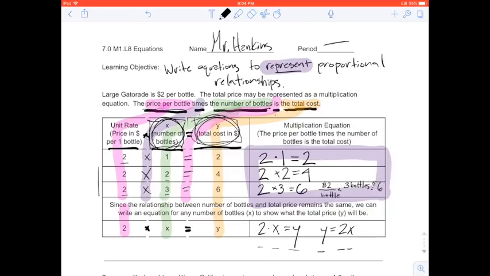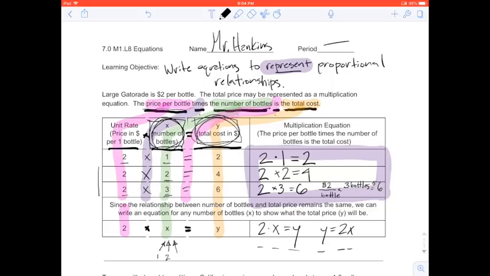If we want to test this, we can put each of these numbers, 1, 2, 3, into this equation and test them. So if we put 1 in there, we get 2 times 1 equals Y. 2 times 1 equals 2, just like it shows up in there.